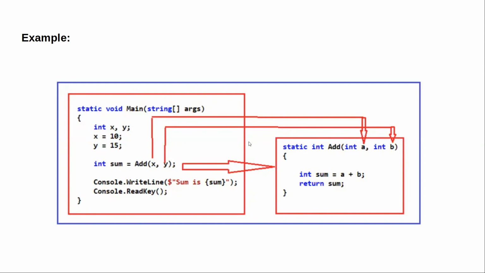Then it does whatever processing is required and returns the value. Once the function invocation is over, the control comes back to the main method, and whatever value you are sending back is stored in the sum, and you are printing it here. Just take a closer look and let me know if there are any questions.